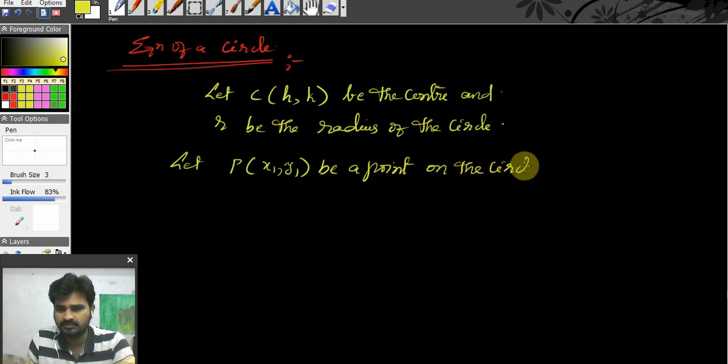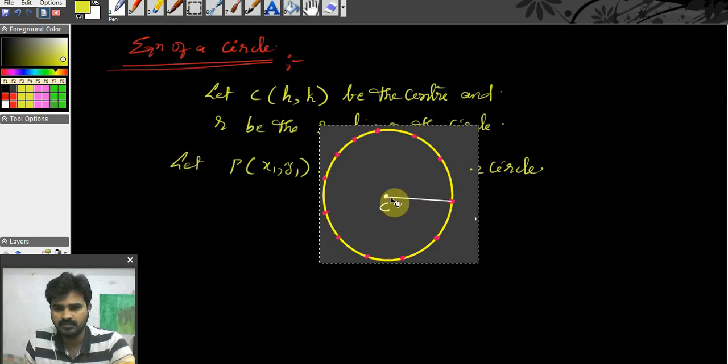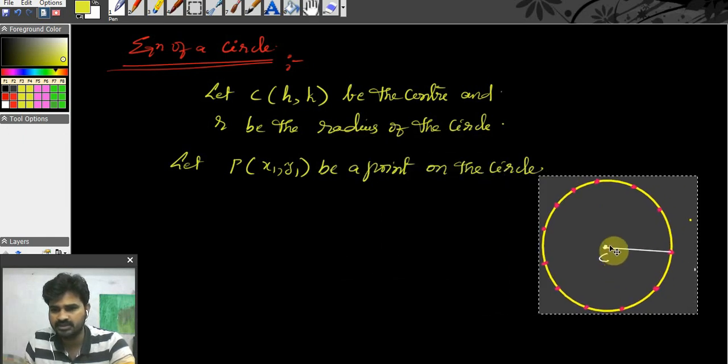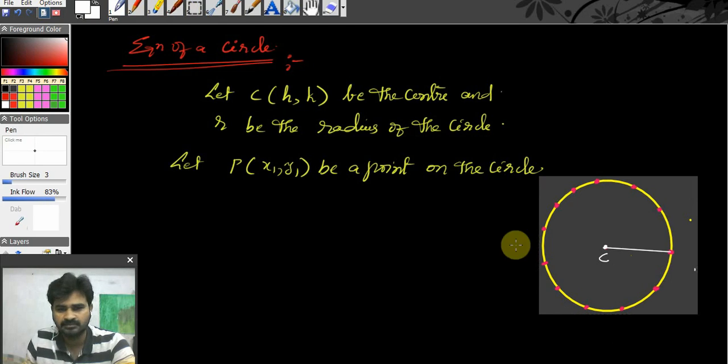So let us draw a circle here. Here C is the center. The center coordinates can be taken as h comma k. So they are the coordinates of the point C. Next, what radius have we taken? r is the radius.